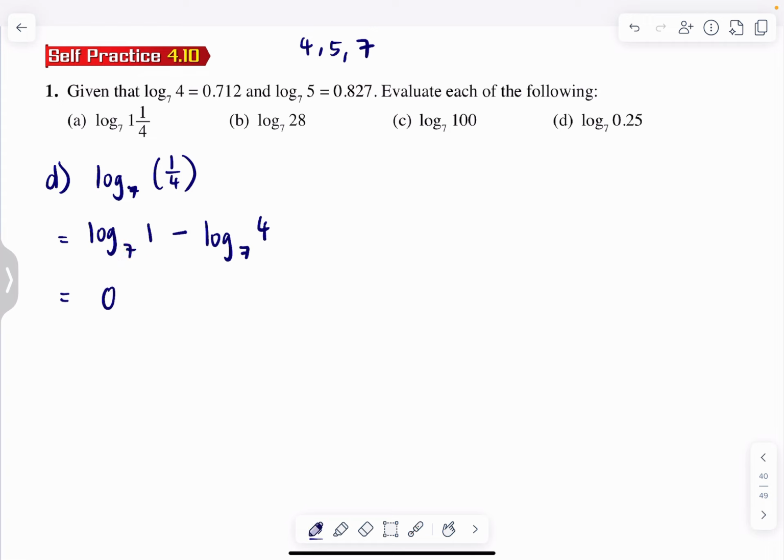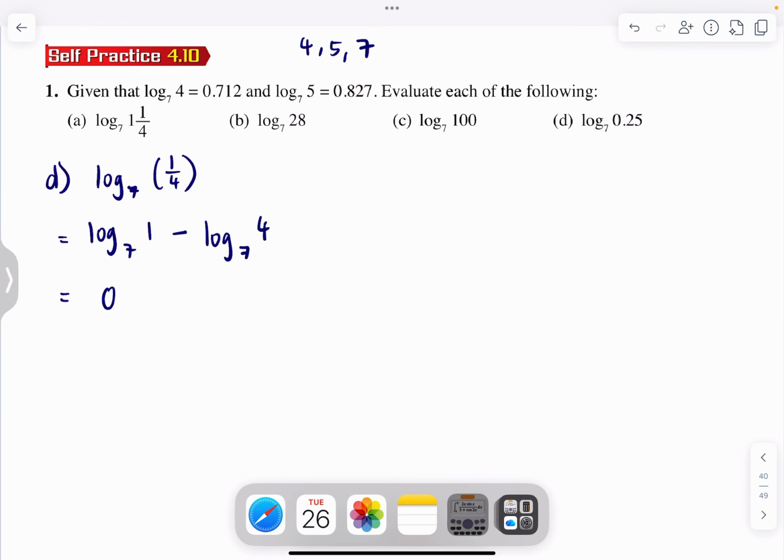This is the law of log. Okay, because 1 is basically 7 to the power of 0. So 0 we bring forward, 0 times log 7 is just 0. Okay, but that's behind the scenes, why it is 0. But anyway, you can just remember. Okay, log any base 1 will give us 0.